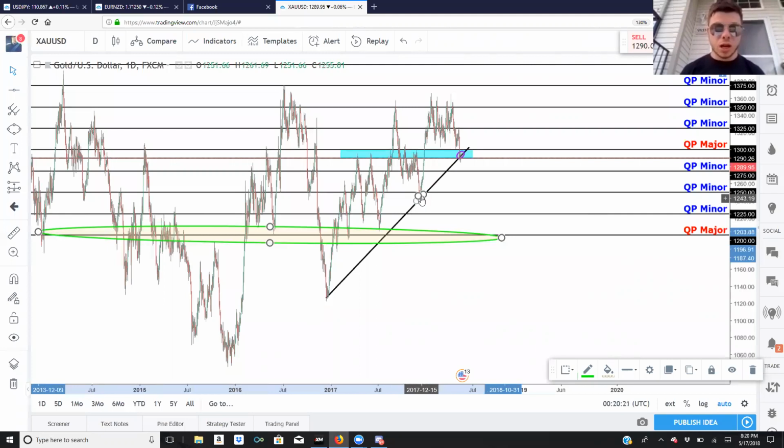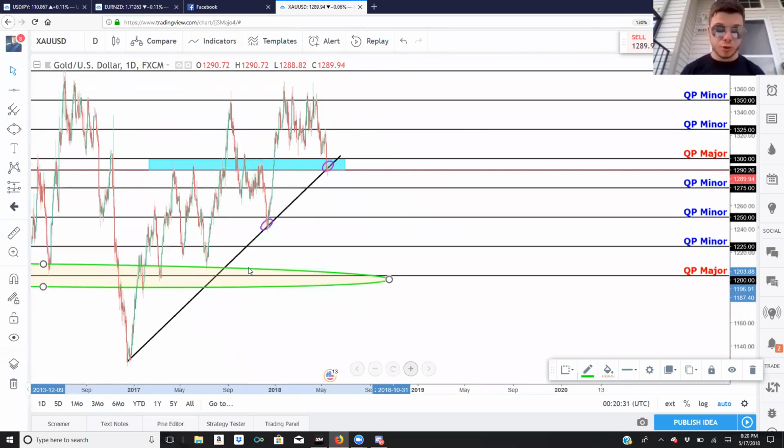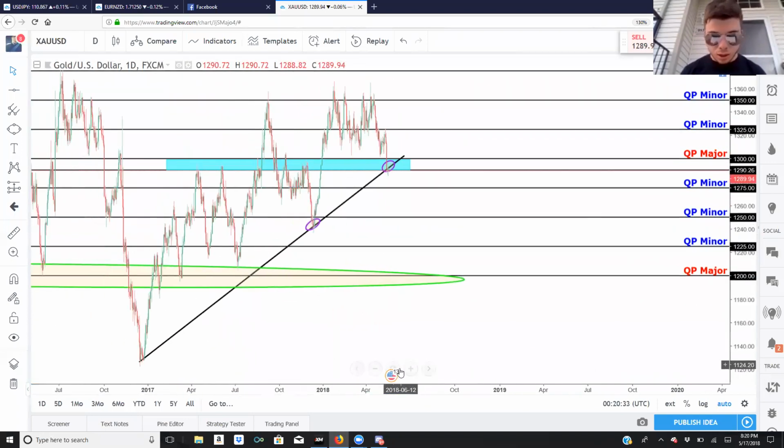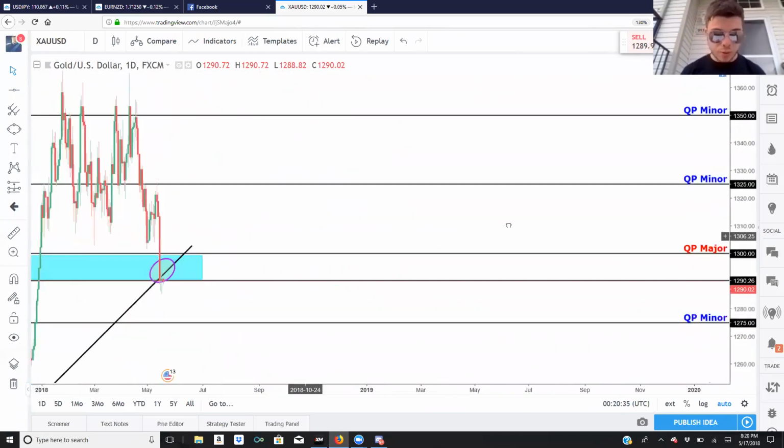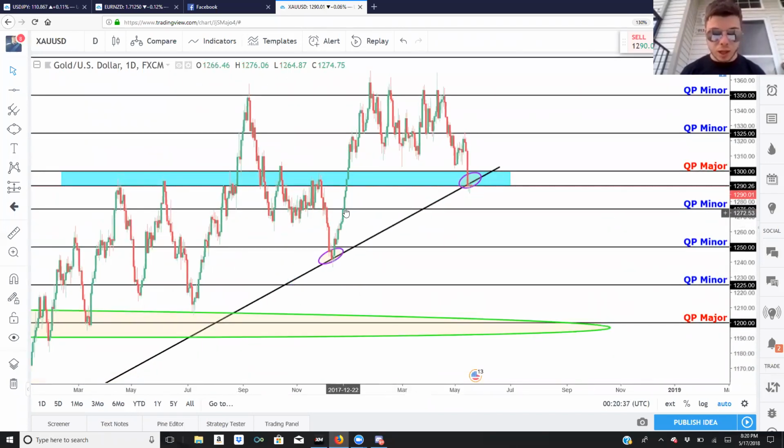Right here, it retested not only a trend line, but this QP minor. Then it continued up to this QP minor, blew through it, and continued all the way to this major.